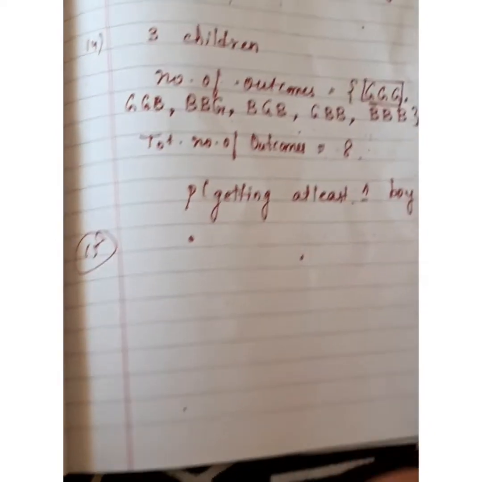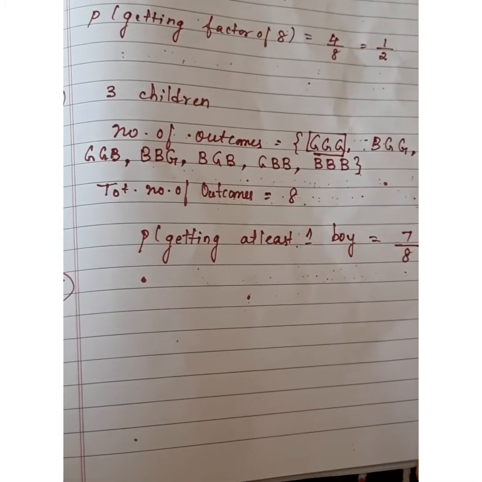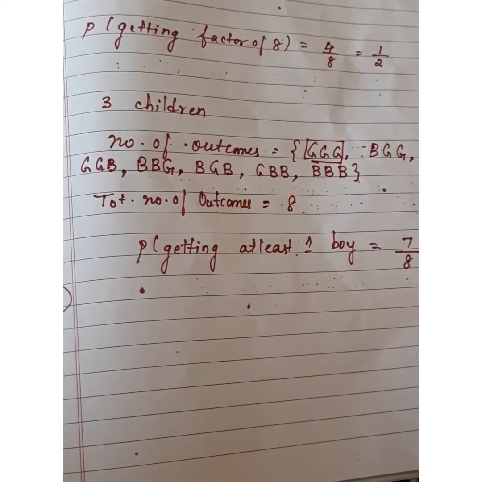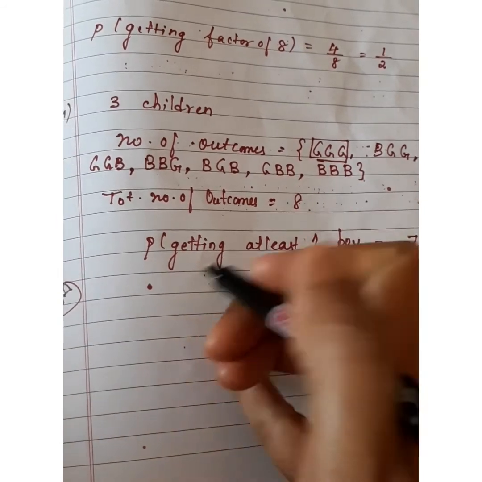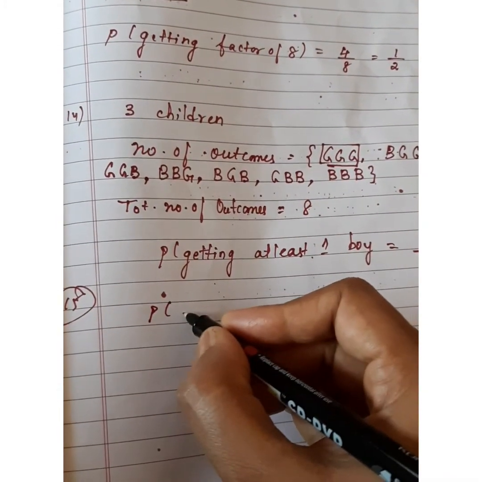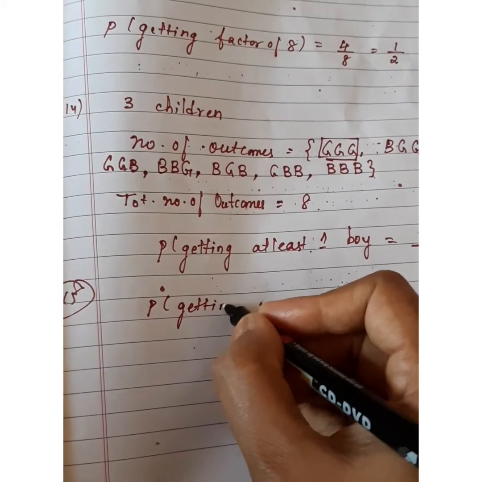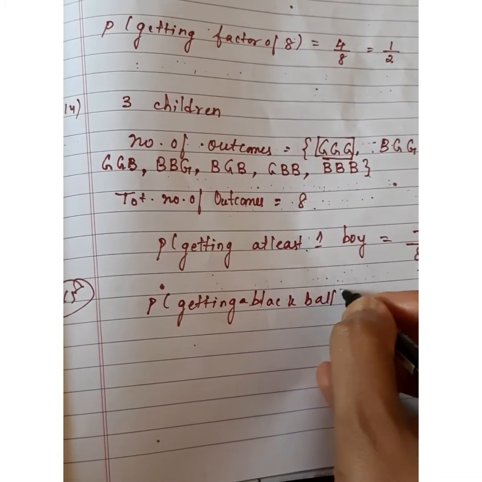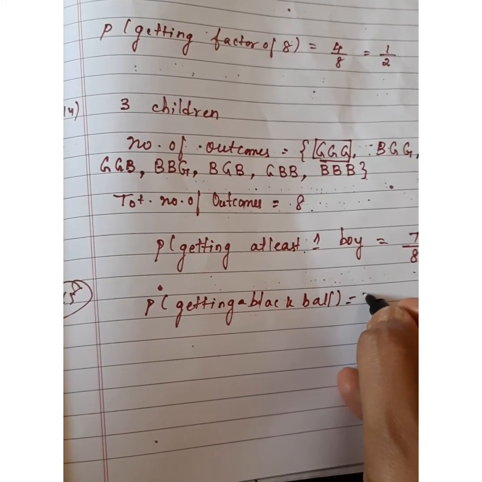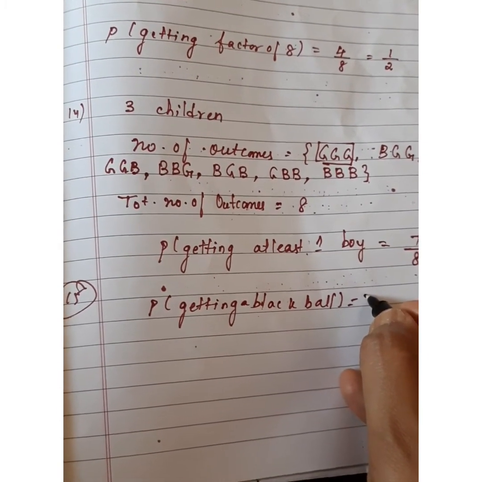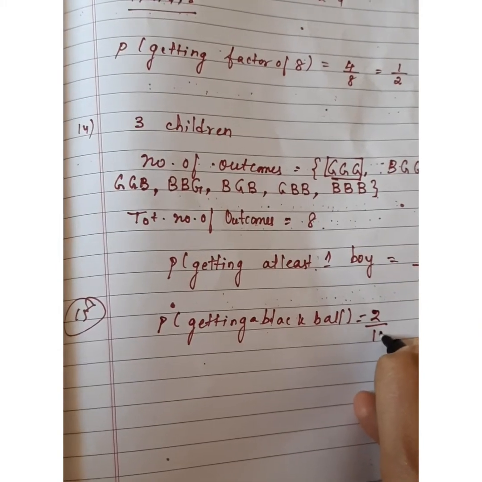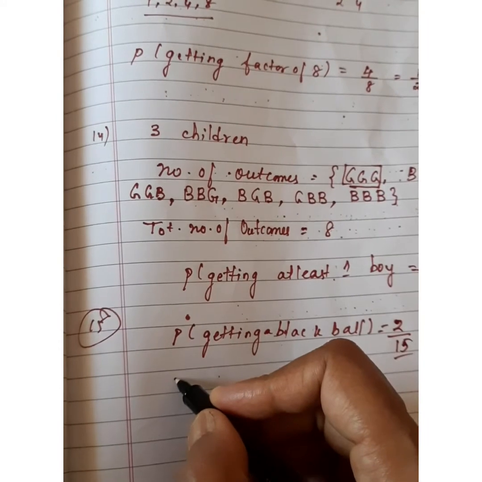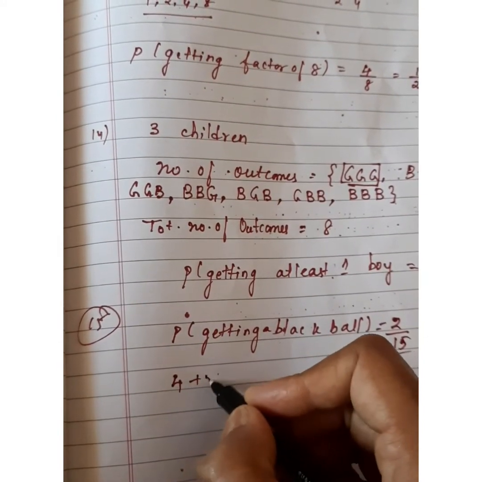Question number 15. Probability of getting a black ball: we are going to find there is a list of 4 different color balls, of which only 2 are black balls, and by counting all the colors together, we get the total outcomes.